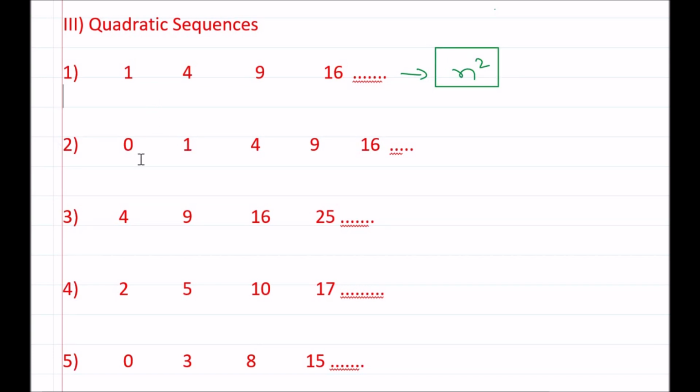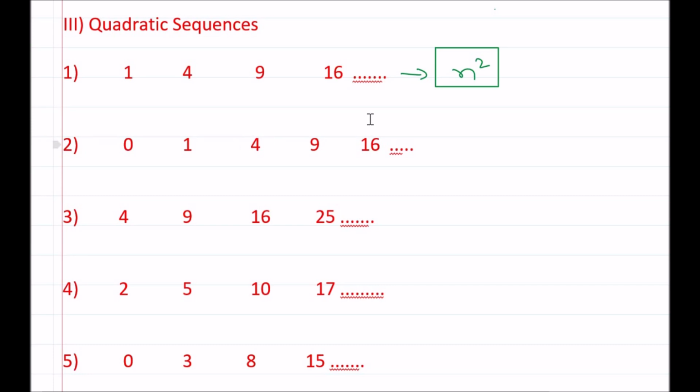Now let us see the next sequence. 0, 1, 4, 9, 16. So if you observe, they are also square numbers, but starting from 0. How is it possible? It is possible when you are subtracting 1 from n. See how? n equal to 1, 1 minus 1, 0.